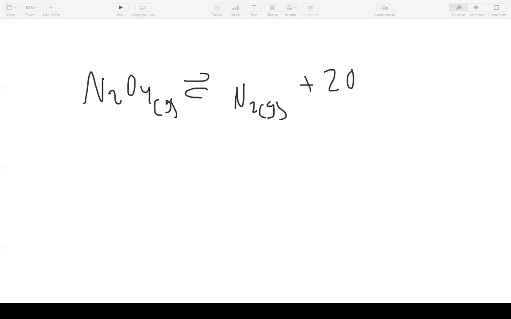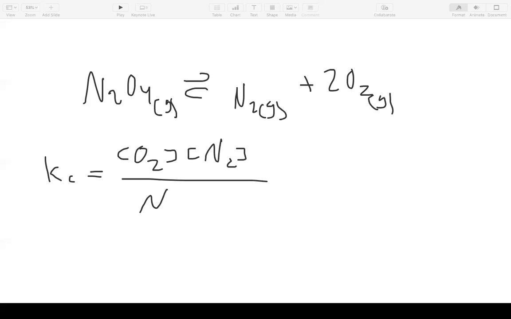So if I were to do this equation, N2O4 gas turning into N2 gas and 2 O2 gas. If I wrote the KC to be products over reactants, so O2 times N2 over N2O4, would this be our KC?